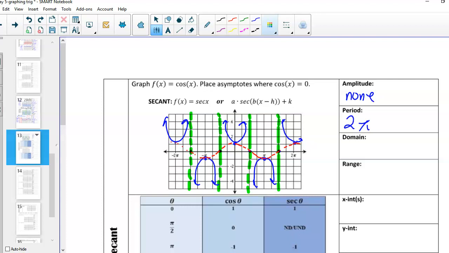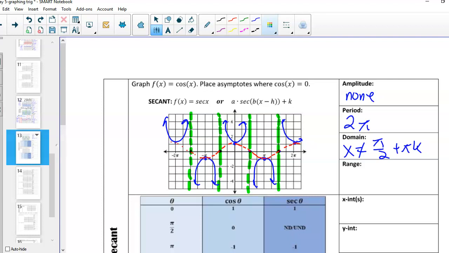The domain is everywhere except at our multiples of pi over 2. So secant and tangent have the same asymptotes if nothing is shifted. So every odd multiple of pi over 2.